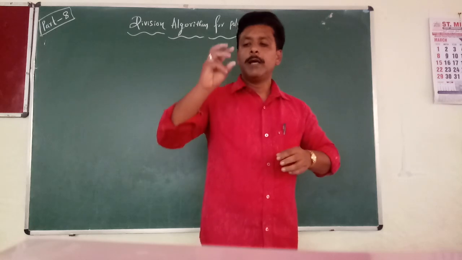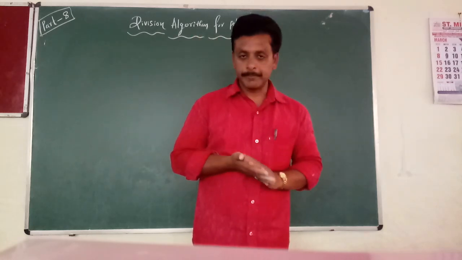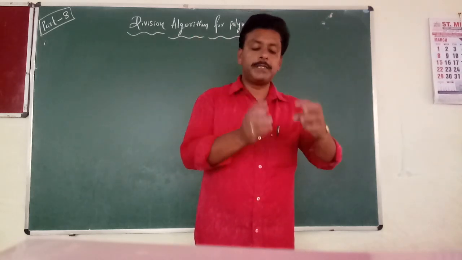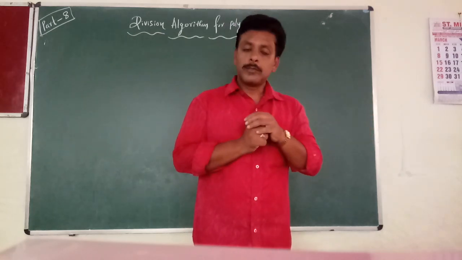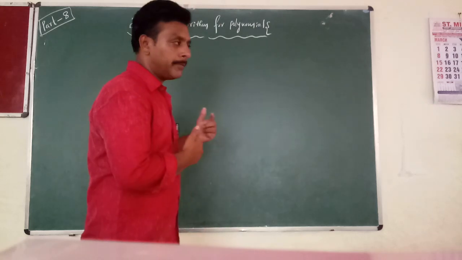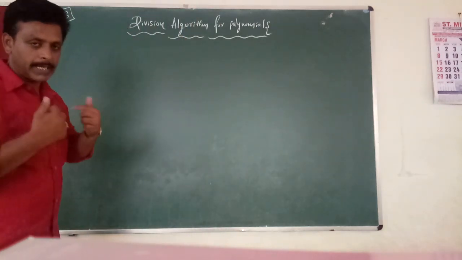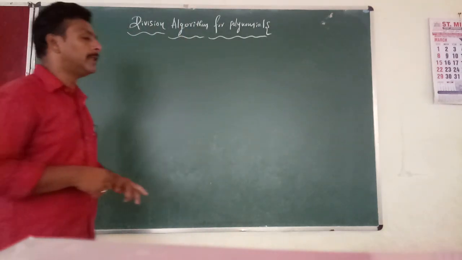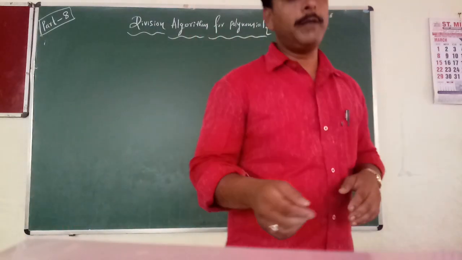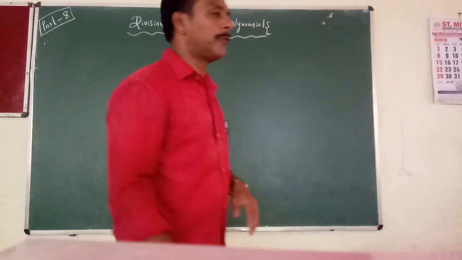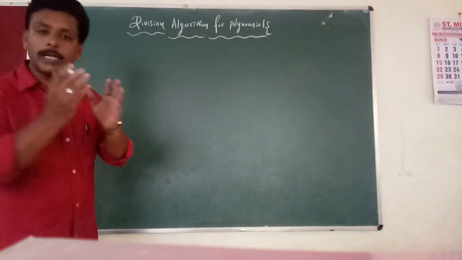You divided one number by another number. That is called division algorithm related to numbers. So here, as it is algebra and polynomial chapter, we have to discuss division algorithm related to polynomials. Related to polynomial we will see later, but let me explain what is division algorithm.